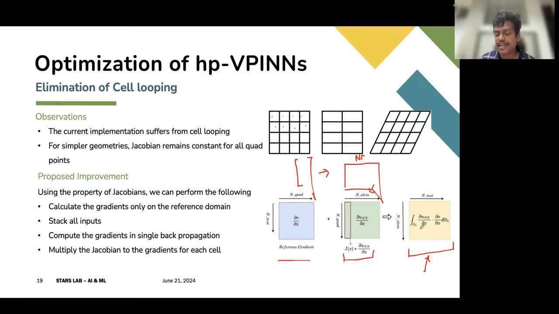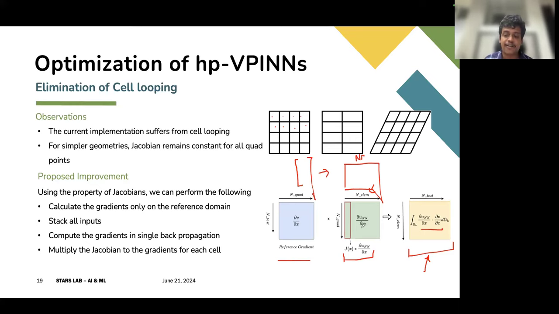So if you take a 2D Poisson equation, you have your X component and your Y component. This is just the representation of how to compute this integral term in your X component alone. Similarly for the Y component, you will have a separate dou V by dou X matrix saved in the reference gradient and your corresponding Jacobian matrix saved, which will be multiplied by your gradient in your Y direction.